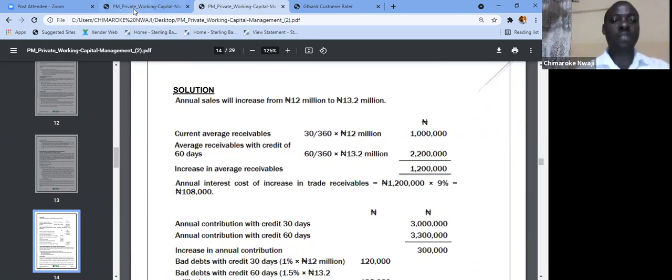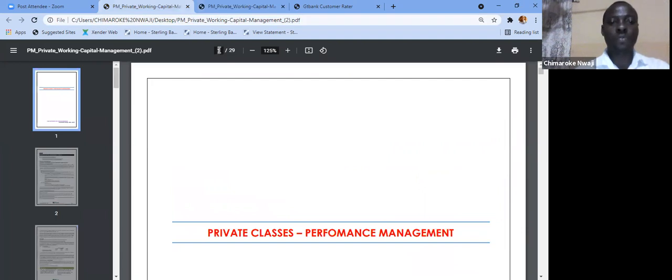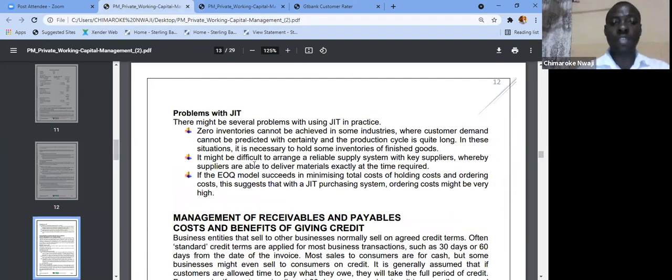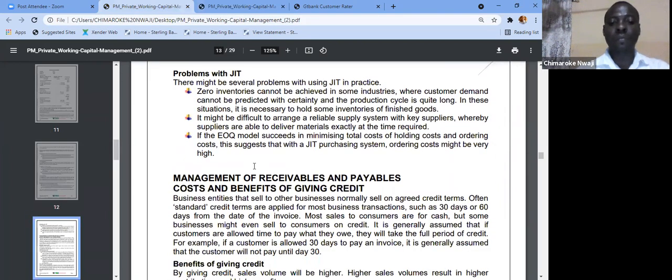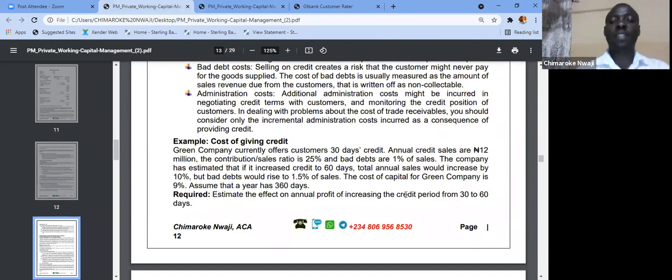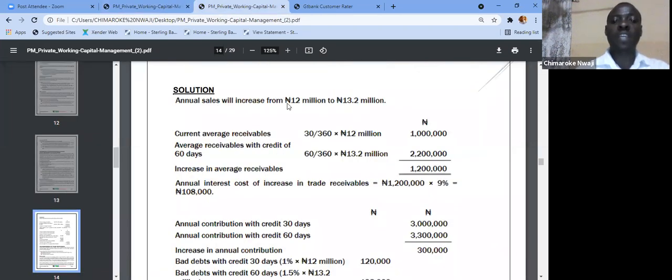Let me get the question open here. We are told that the sales increased from 30 to 60 days by 10%. So the sales increase from 12 million that you are having when you are giving 30 days credit to 13.2 million, which is a 10% increase.